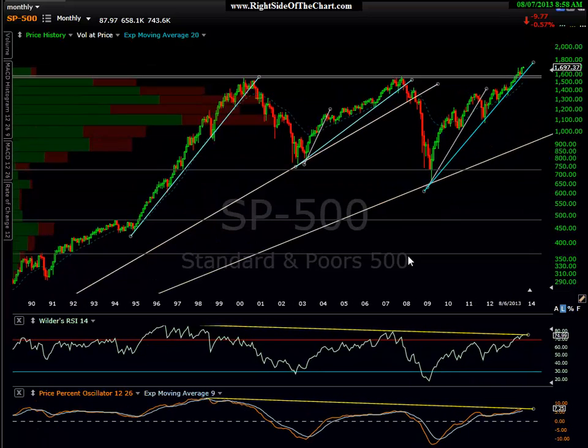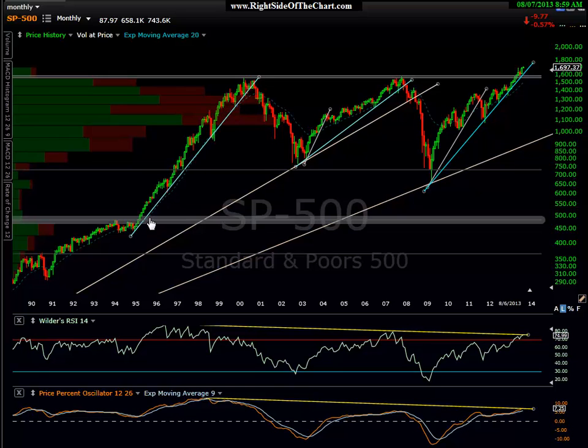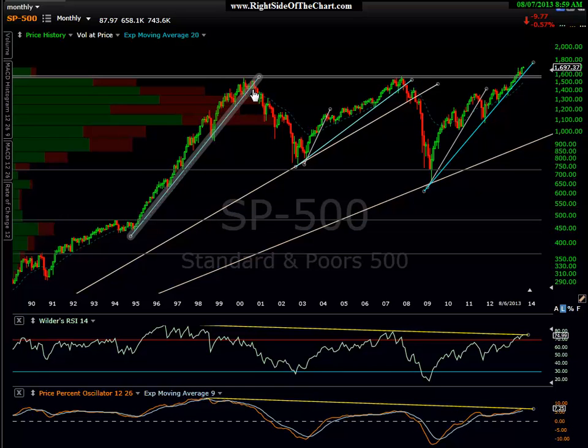And then if you look a little closer, let's zoom in. We have these blue, what I like to call sub or minor uptrend lines. And of course, these define cyclical bull markets here. And we had this last one that broke back in 2000 that followed that bull market and led to the bear market.